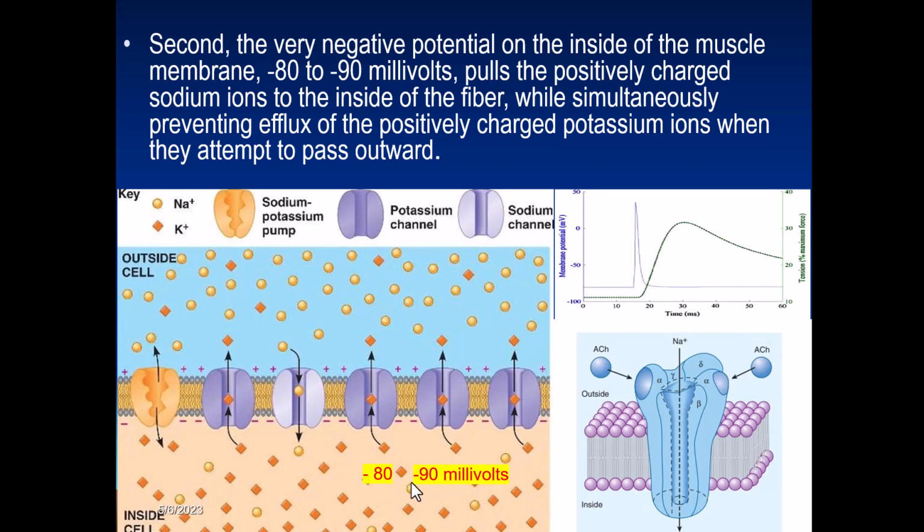When this receptor potential, or channel potential, is produced here, it propagates on both sides of the muscle, and then it produces the action potential, and this causes the contraction of the muscle.